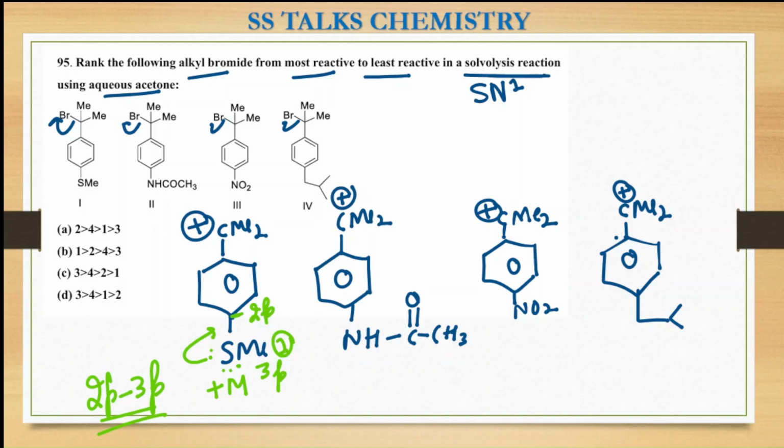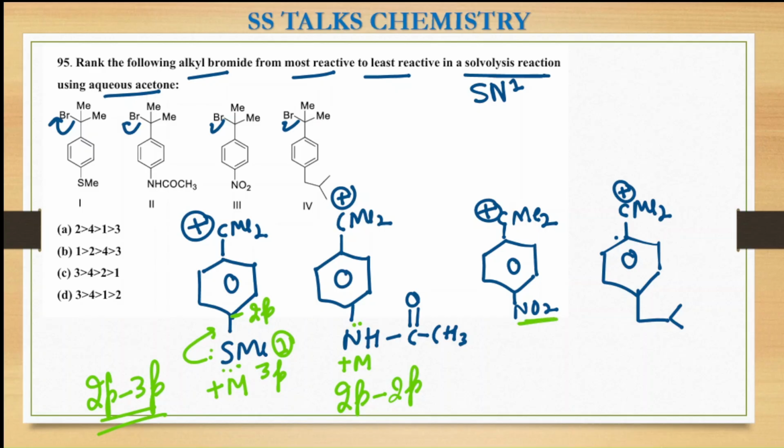In the second molecule, the nitrogen atom contains a lone pair of electrons and can apply the plus M effect, and this will be the most stabilized one, because you observe a 2p-2p overlap, since carbon and nitrogen both belong to the second period. So this is the stabilizing one.